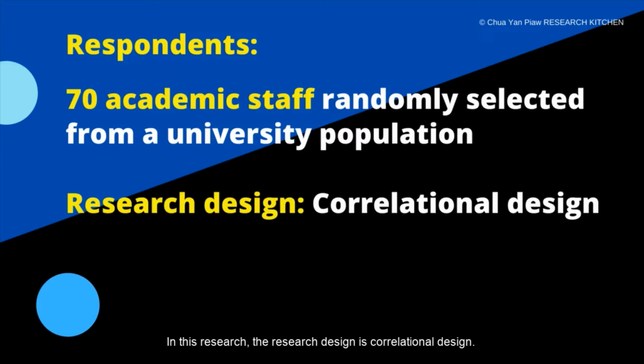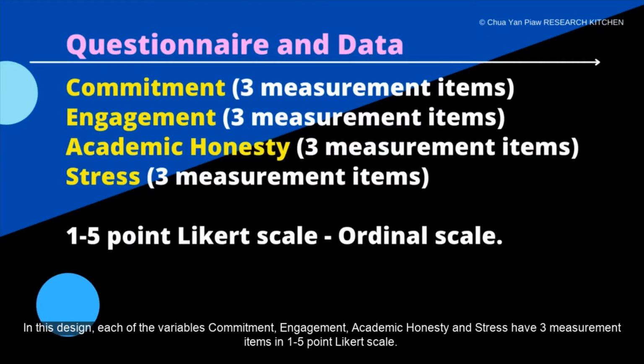In this research, the research design is correlational design. Each of the variables, commitment, engagement, academic honesty, and stress, has three measurement items in a 1 to 5 points Likert scale.